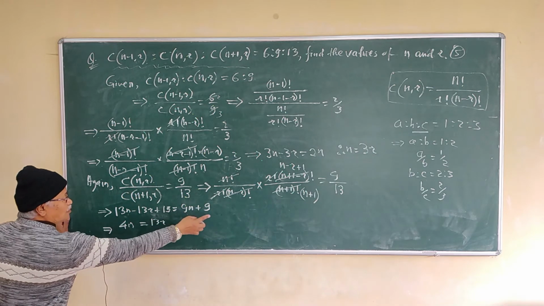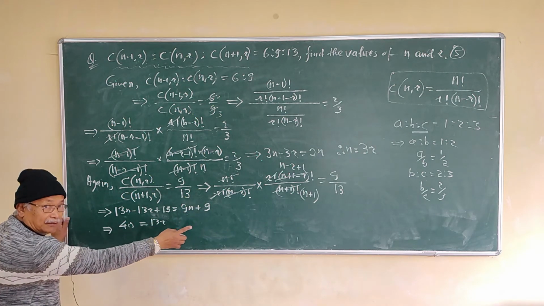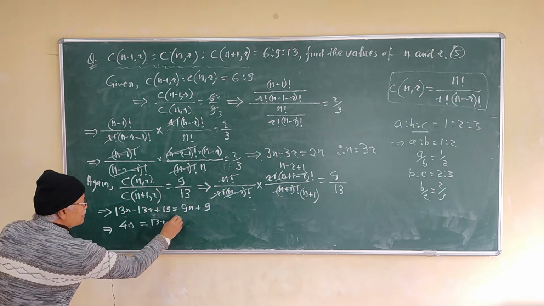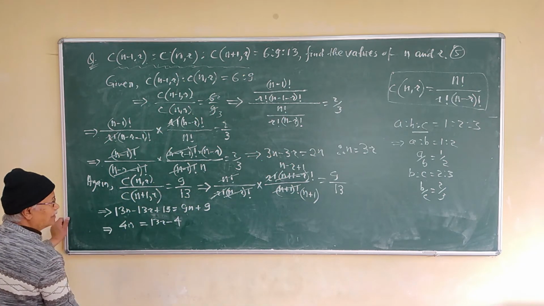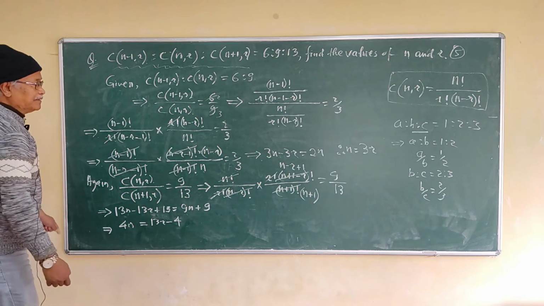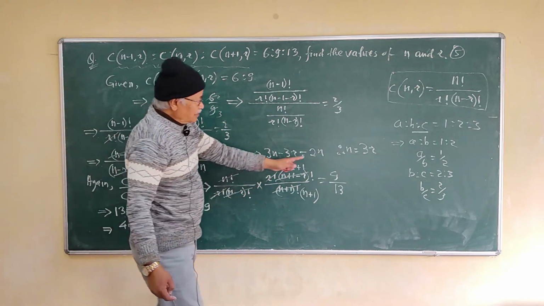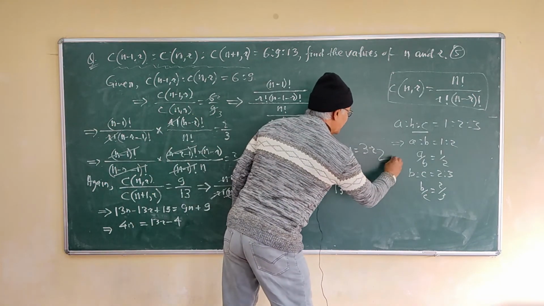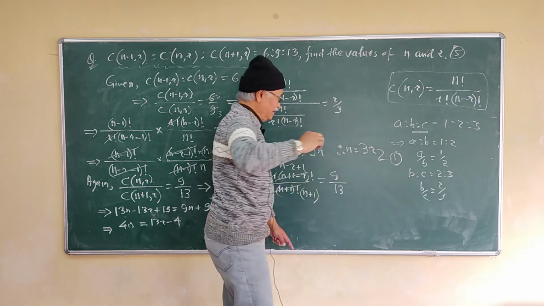And then this goes to the other side, it becomes minus 13, that will be minus 4. Clear? But your n is equal to 3r. Let's name it 1.